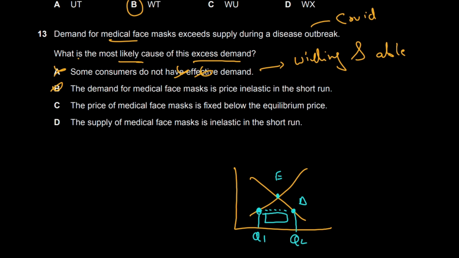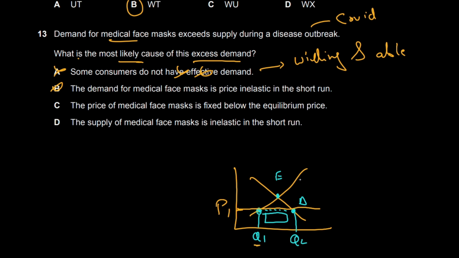C says the price of medical face masks is fixed below the equilibrium price. Exactly. One reason why there would be an excess demand is because the government may have imposed a maximum price somewhere here, P1. This will cause the supply to be at Q1. Why?